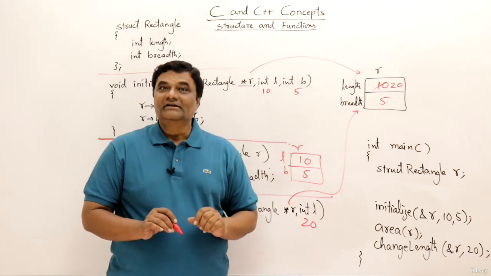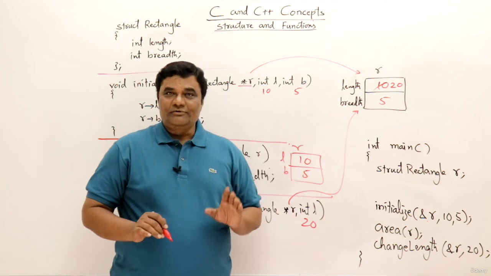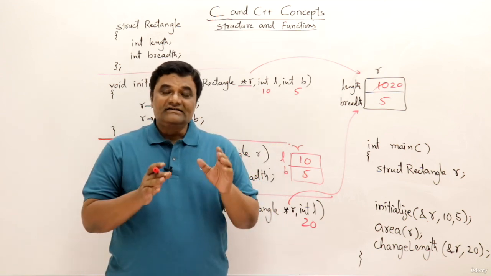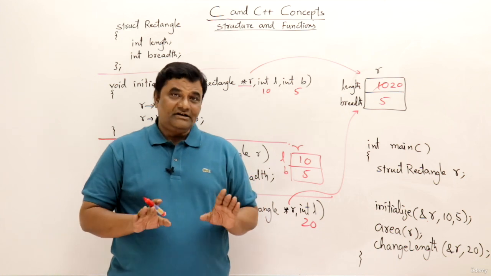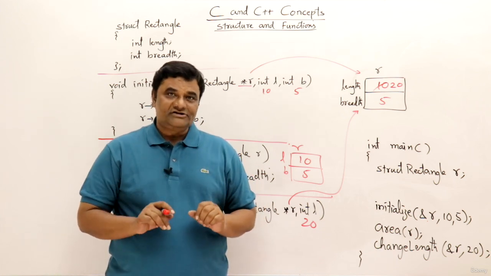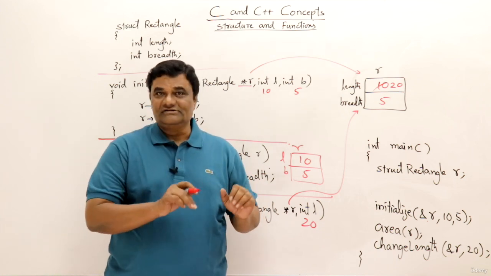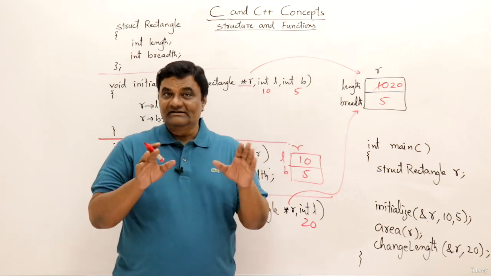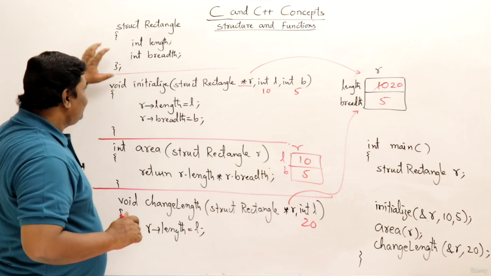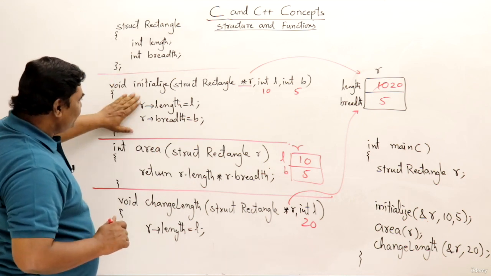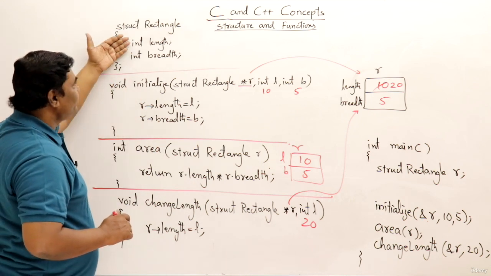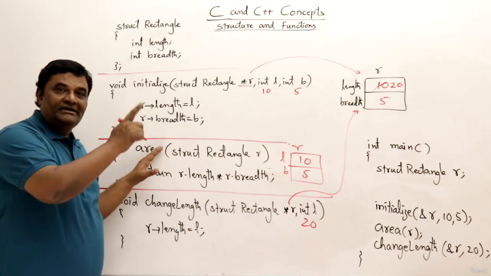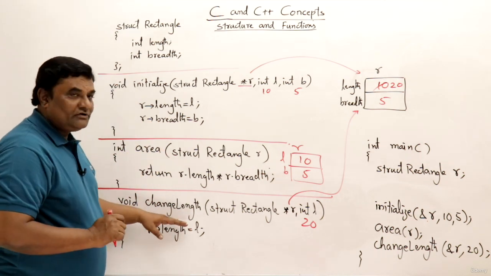Now, conclusion. See, this style of programming leads to object orientation. And this is the highest level of programming that you can do in C language by writing structures and functions. How it leads to object orientation and how it is the highest, let us see. So this is a structure. This function is related to this structure, and this function area is also dependent on the same structure, and this one also.